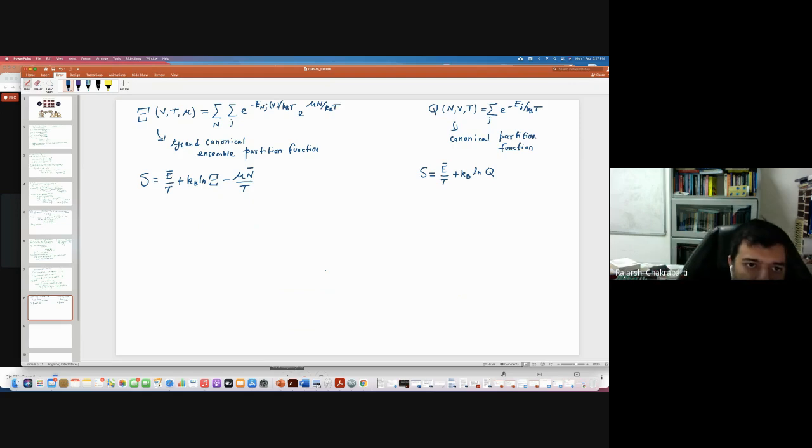And if I want to write it further, I can write it like this. The sum is actually from N equals 0 to infinity, because an infinite number of particles can be there.